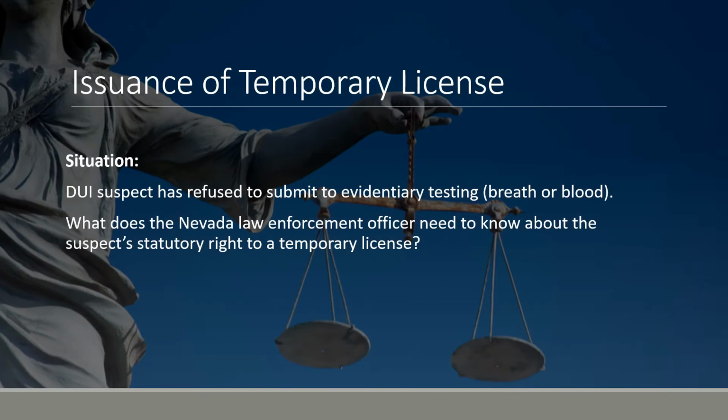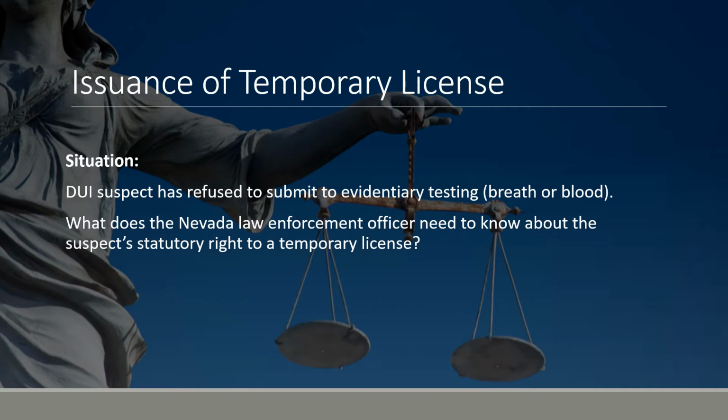First, it is important to point out that we are talking about the situation when a DUI suspect has been arrested, has been informed of Nevada's implied consent law, and that suspect has either refused evidentiary testing, provided an evidentiary breath test sample that is over 0.08 BAC, or, in the rare circumstance, provided a urine sample that showed a detectable amount of a prohibited drug or a drug for which the suspect did not have a valid physician's prescription.